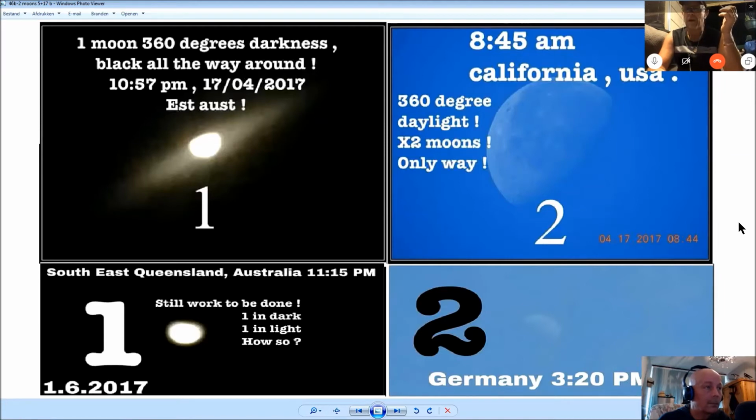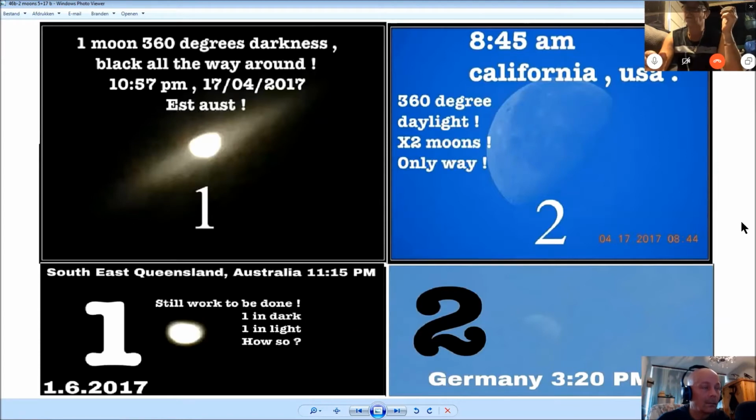Instead, they try and build a theory that makes it possible for one luminary to do this. It's not possible. You cannot have one moon in complete dark and one in complete light. You cannot. It has to be 2.